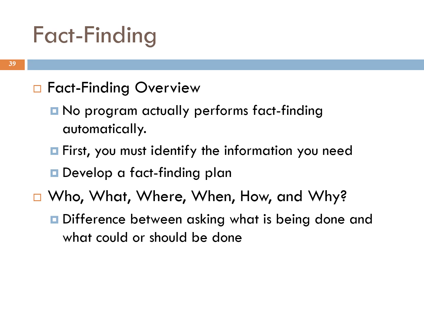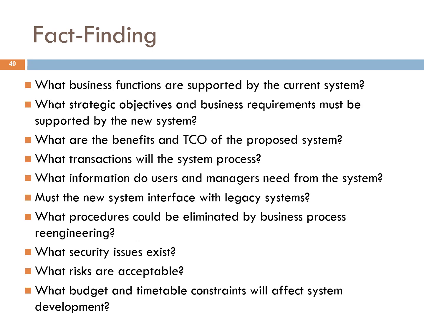The questions that you need to ask are who, what, where, when, how, and why, and asking what is being done that could or should be done. These are examples of questions that can be included in fact finding.